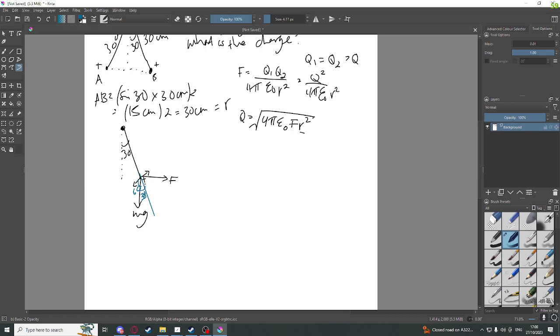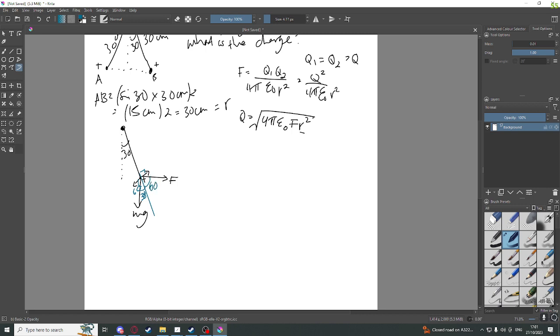And likewise, this will be 90. mg is perpendicular to the repulsive force, so I know that this is 90°, and 90° minus 30° gives me 60° here.